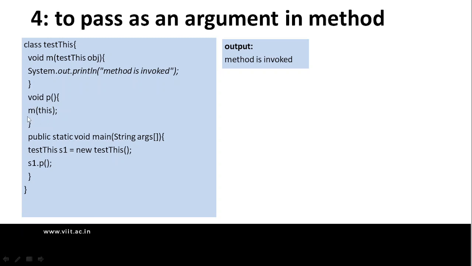In main, TestThis s1 equals new TestThis, and you call s1.p, in which you call m(this), and this will be treated as the object of the current class, and in this way the method will get invoked.